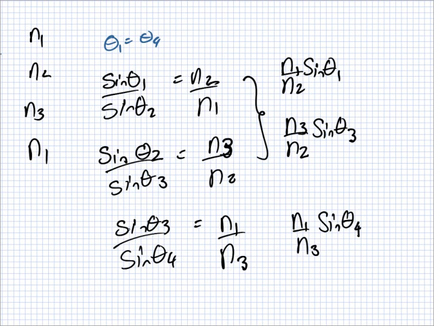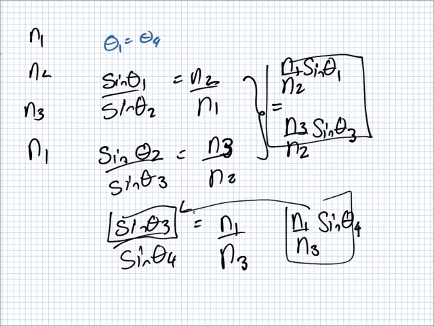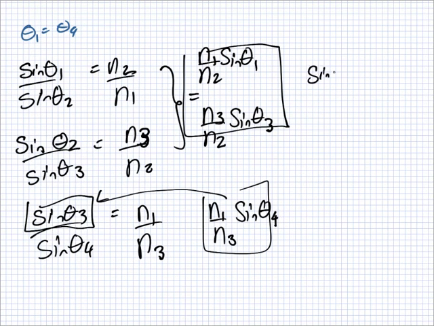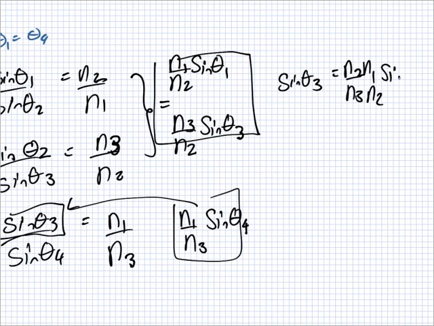That's equal to sine theta 3. These two are equal, because they're both equal to sine theta 2. And this one is equal to sine theta 3. So I could get here sine theta 3 equals N2 over N3 times N1 over N2 sine theta 1.